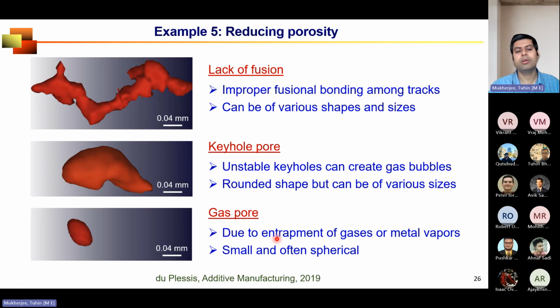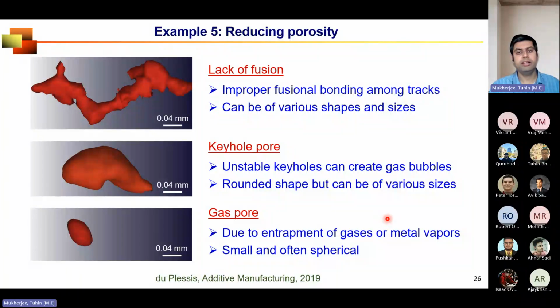And the third type of porosity is gas porosity, which is quite small compared to the others, rounded, often spherical or elliptical in shape. Why do they occur? They occur because the molten pool can pick up gases from the atmosphere. Now, I understand that we have sealing gas, but still most molten metals are highly susceptible to picking up diatomic gases, hydrogen, oxygen and nitrogen, from the atmosphere.